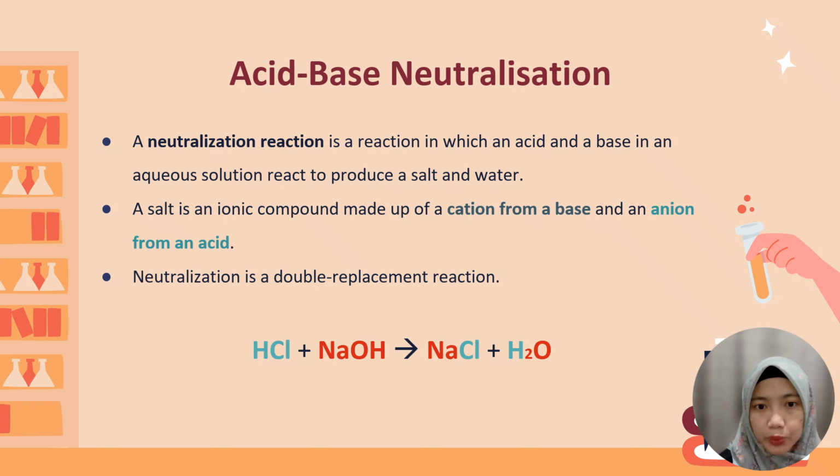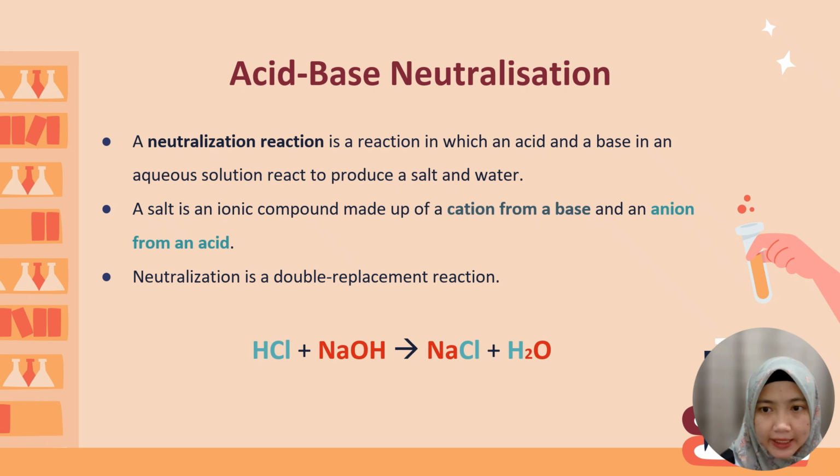The salt that is produced is made up of a cation from a base and an anion from an acid. For example, here the salt produced is sodium chloride. This sodium chloride is made of the cation from the basic solution, which is the sodium ion, combined with the anion from the acid.